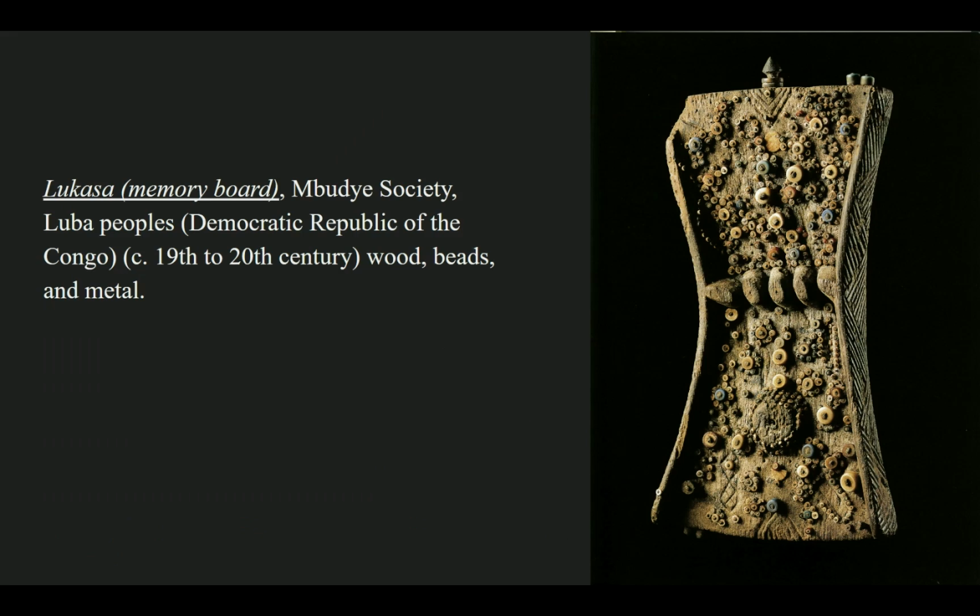Here's the Lukasa memory board by the Luba peoples. This is a very functioning object, and this is for shamanistic use as well. It's in this hourglass shape, and it's adorned with beads and shells and metal.